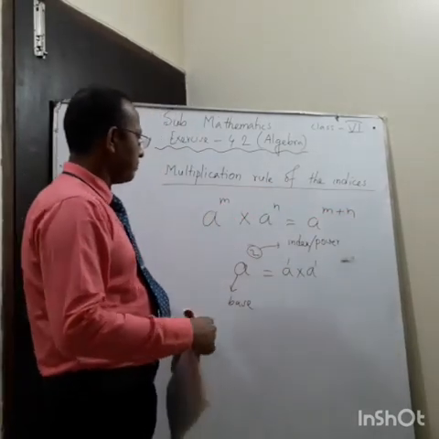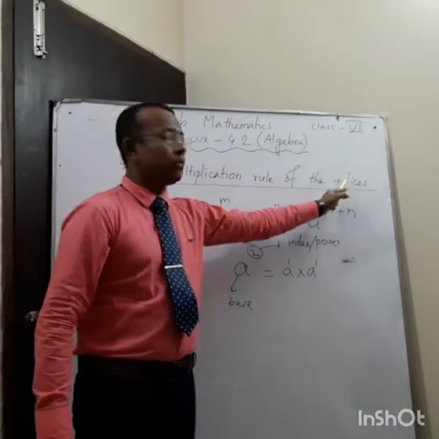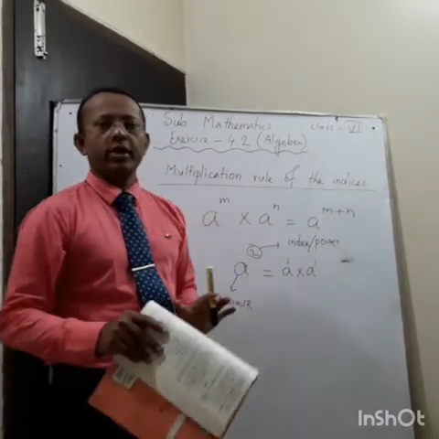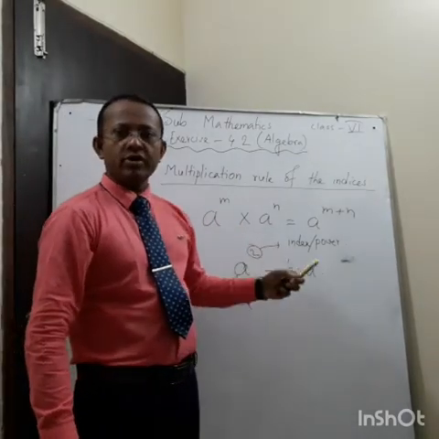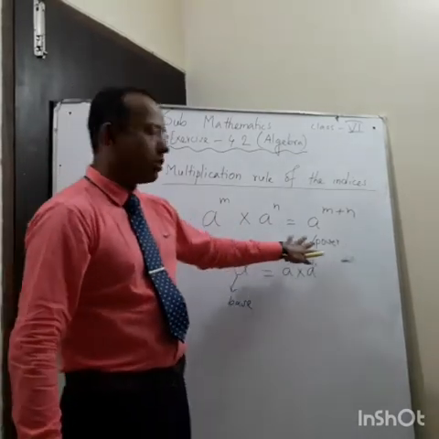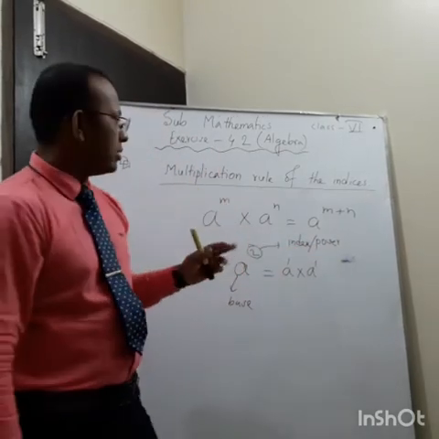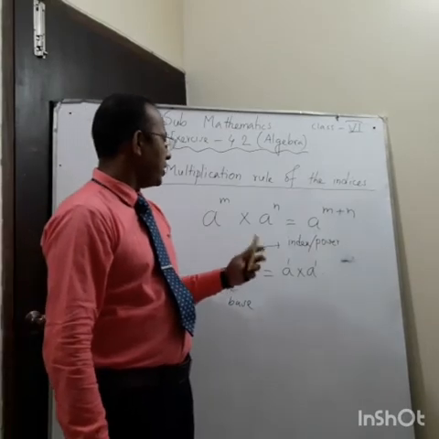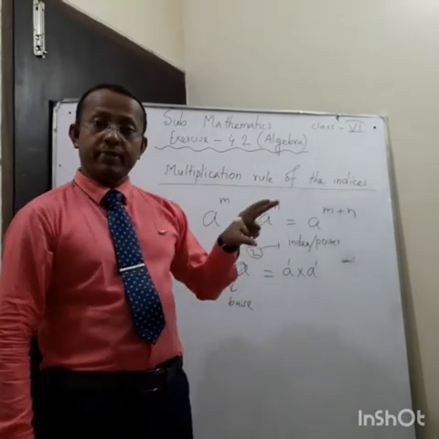I repeat, first you should know what is index. Since there is a term indices, we understood that indices is the plural form of index. What is index? This is nothing but the power. How can we get power? We also discussed that in the previous class. Anyway, we should know what is power and what is base.